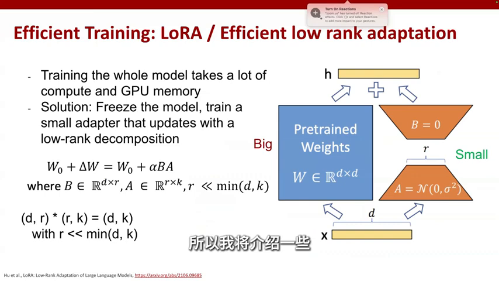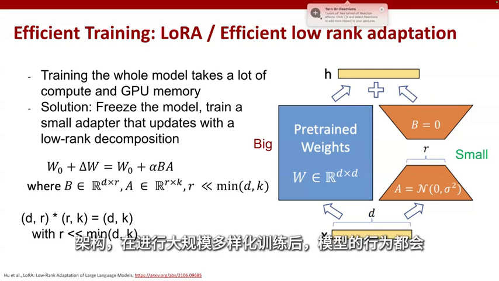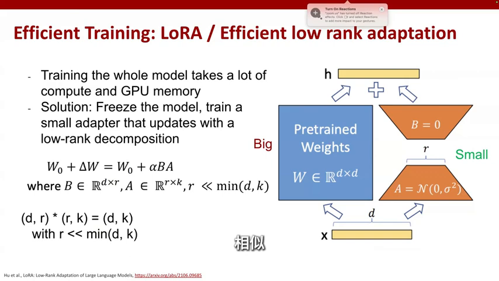So I'm going to introduce a couple of more recent works on LMs. I would say more recent works are more focused on the efficiency of the training, because people have found that no matter how you alter the architecture, the model will behave similarly after you train it on a very large scale of diverse text.